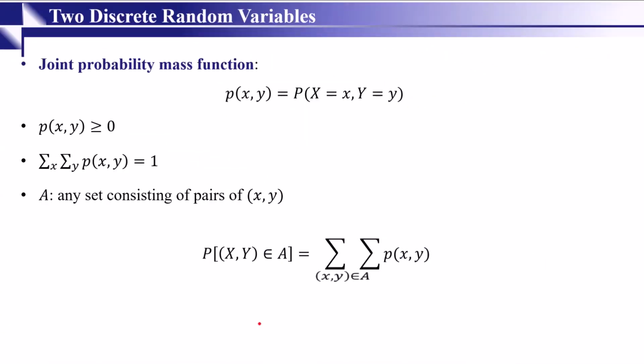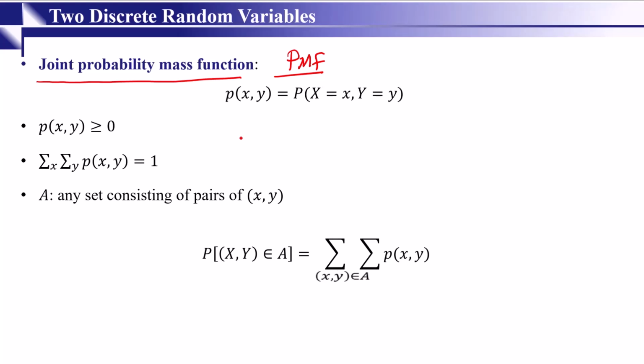So when dealing with two discrete random variables, we use the joint probability mass function, or joint PMF. This joint PMF is used to describe the combined probability of the two discrete random variables that we have. If we have two random variables defined on the same probability space, then the joint probability distribution is the corresponding probability distribution on all possible pairs of outcomes.